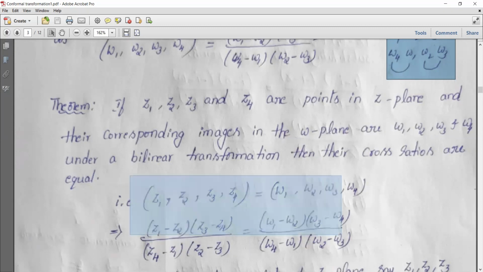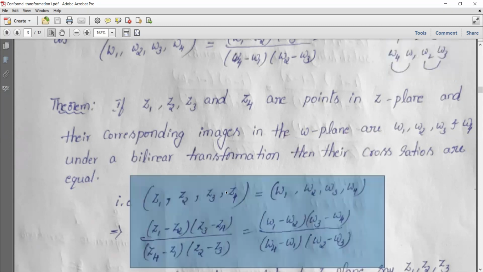Mathematically, we can denote that equality like this: cross ratio (Z1, Z2, Z3, Z4) is equal to cross ratio (W1, W2, W3, W4).